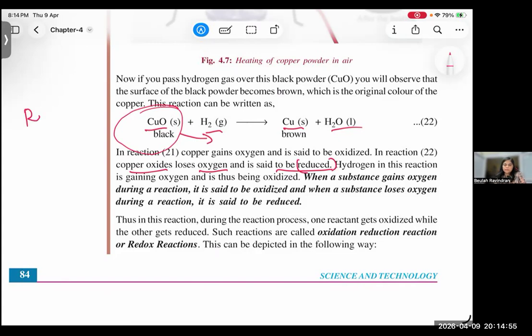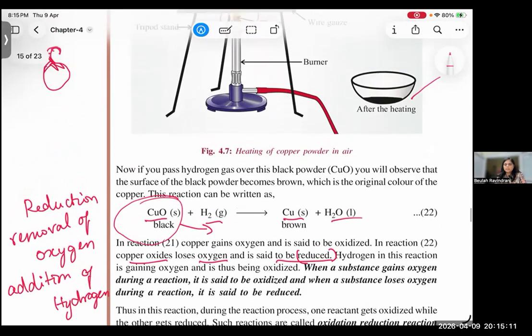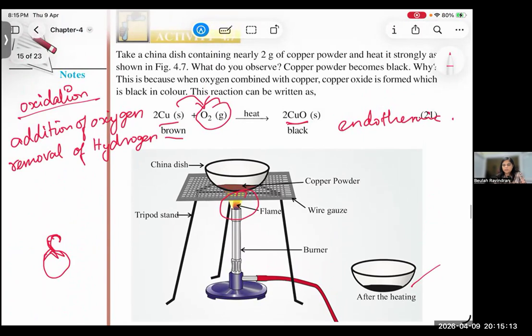Reduction means removal of oxygen and addition of hydrogen. So it is vice versa. This is an oxidation reaction, and this is a reduction reaction.